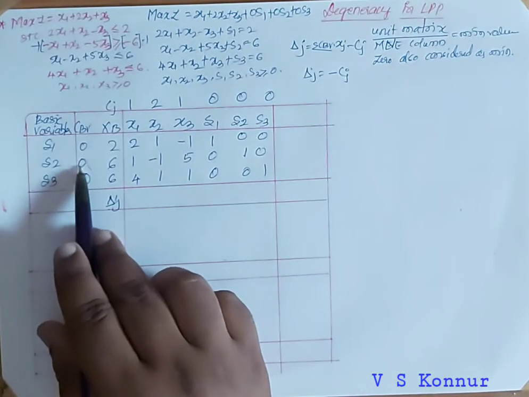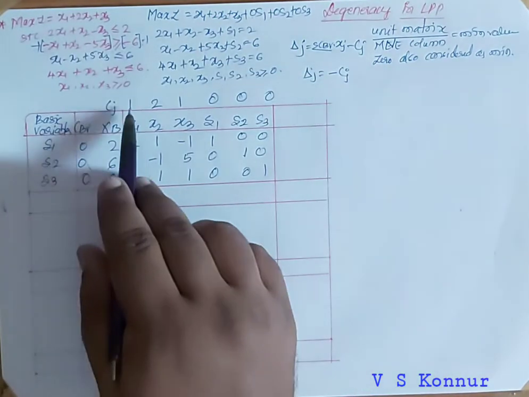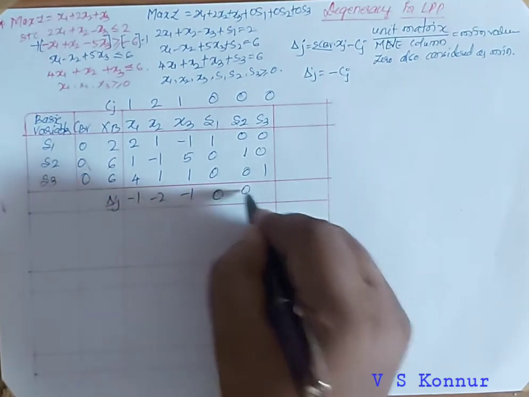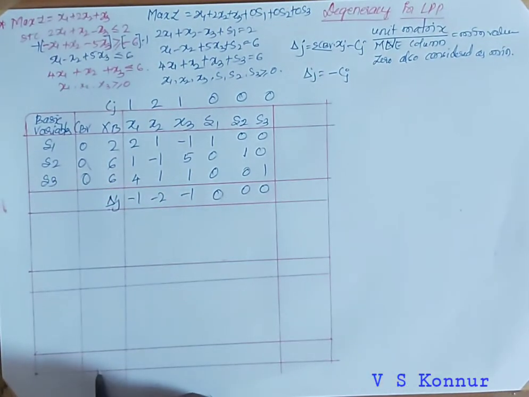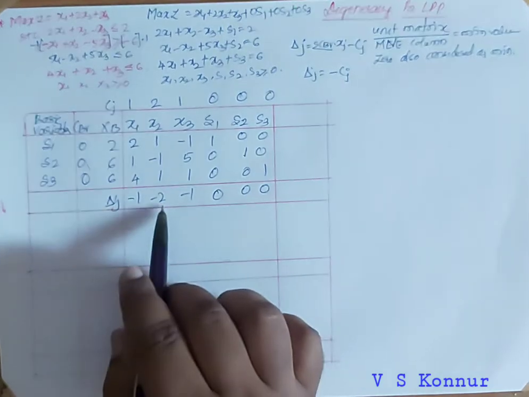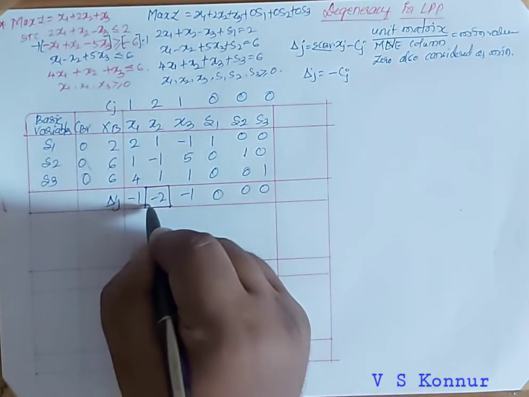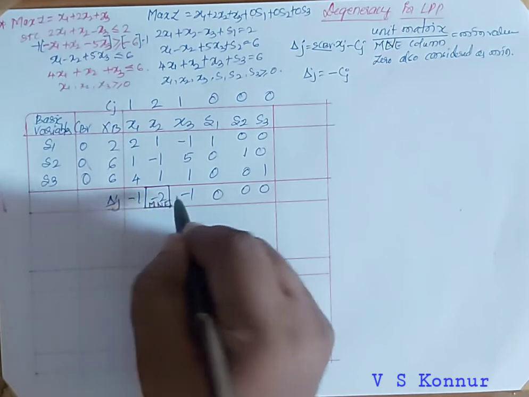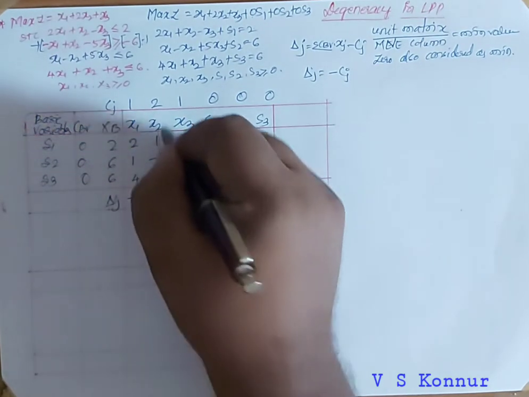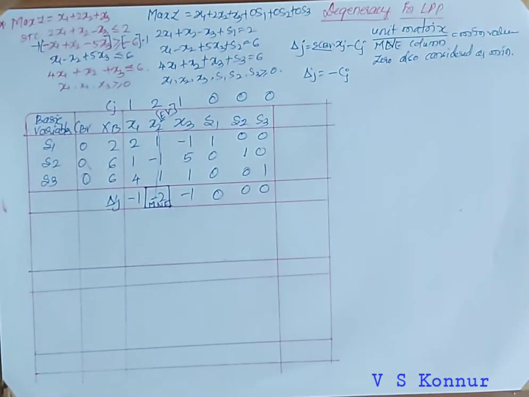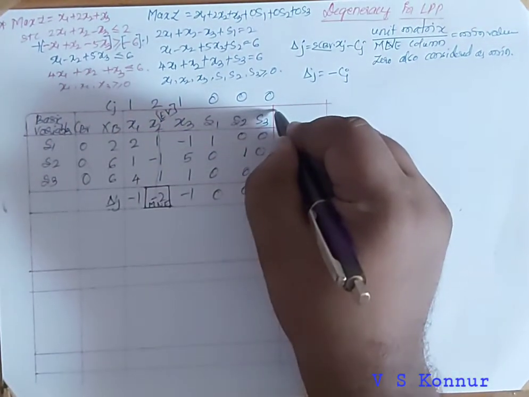Directly you can write, when s1, s2, s3 are 0, minus 1, minus 2, minus 1, 0, 0, 0. Otherwise you can calculate by using that formula, you will get the same answer. Now from delta j we should consider the most negative element. Procedure will be same. That is called the entering vector. Minus 2 is the most negative element, that will give the entering vector.